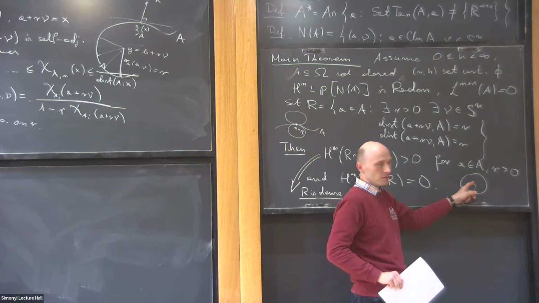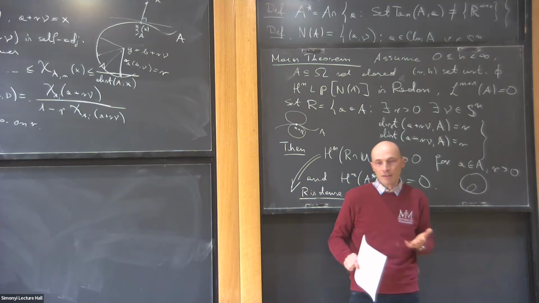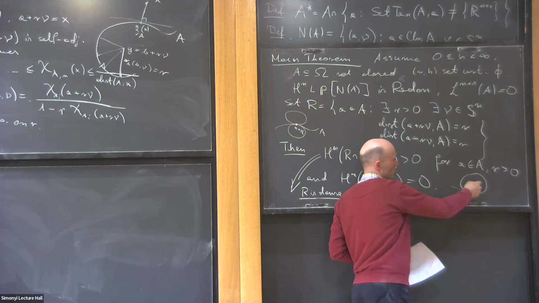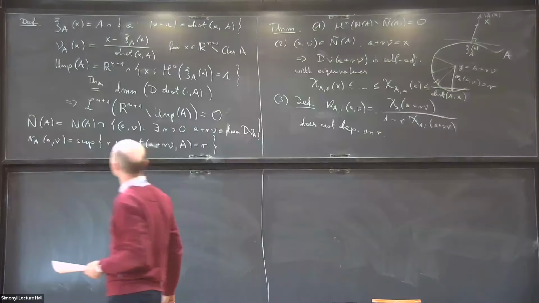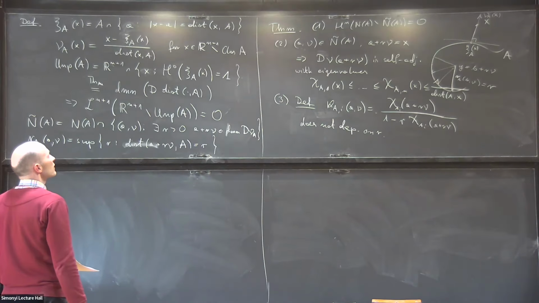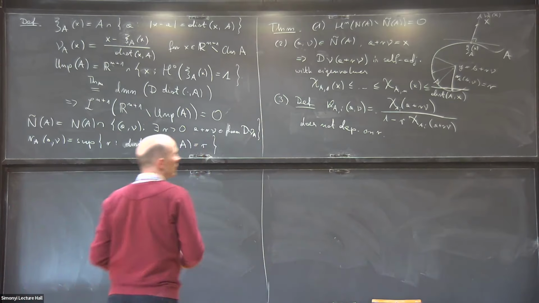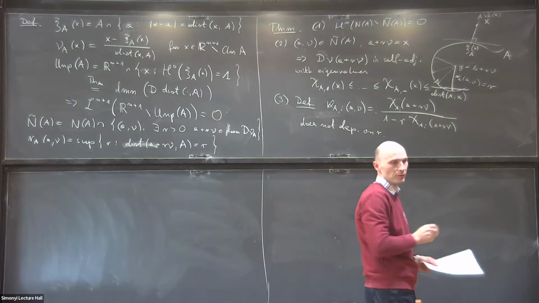So the touching condition does not depend on the choice of phi, as long as it's smooth. If you can touch with this, you can touch with the other one. So it happens that we don't use phi in the proof, but we use some results about NH sets with respect to phi.